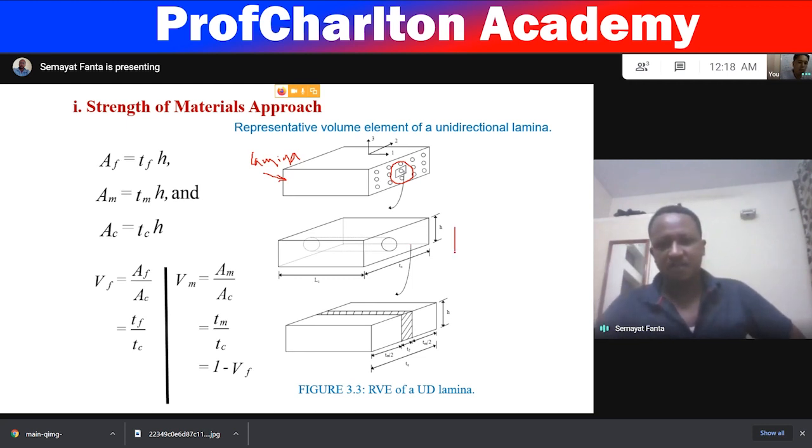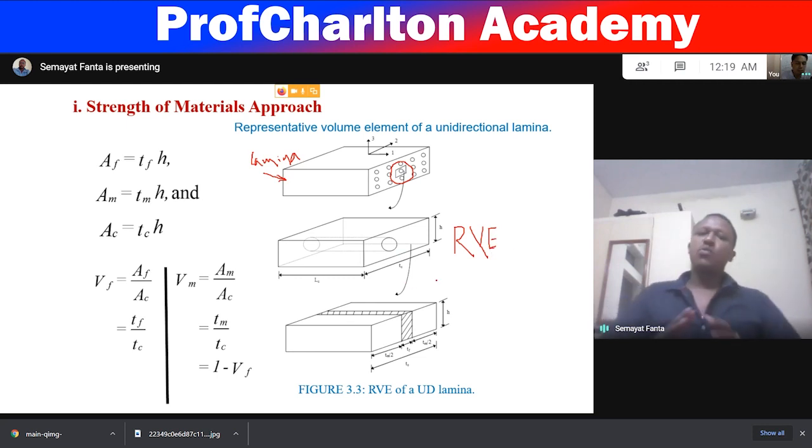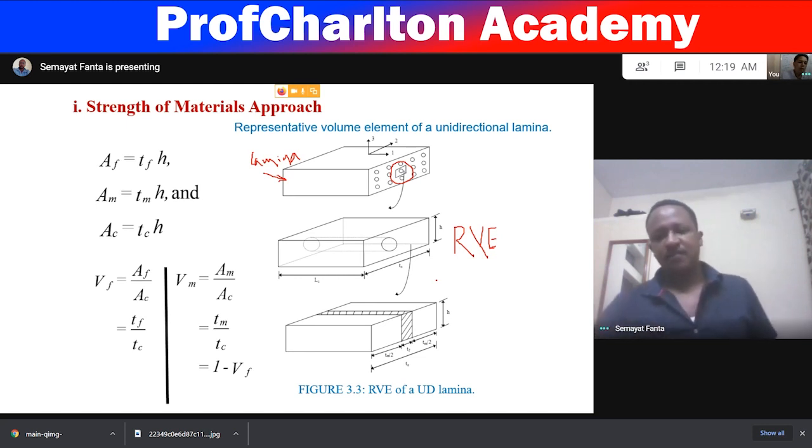So this is our RVE. We already discussed what RVE is in today's lecture. So we'll take this RVE for further analysis, the RVE of the unidirectional lamina.